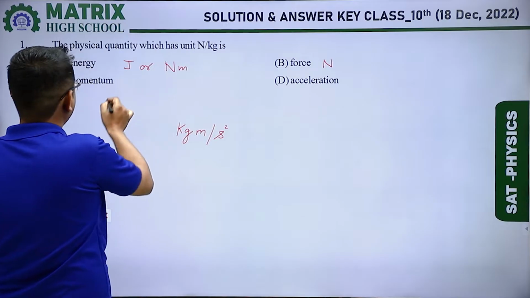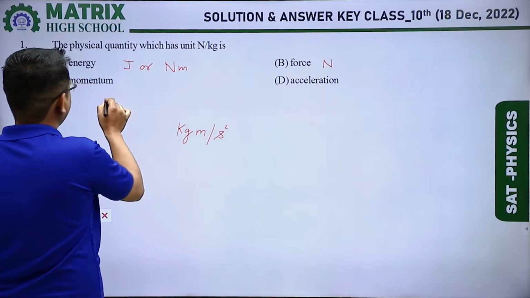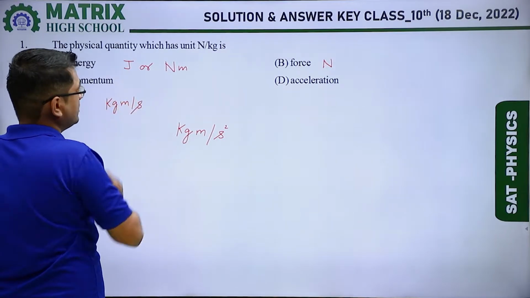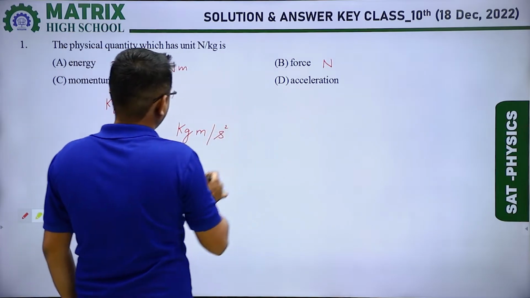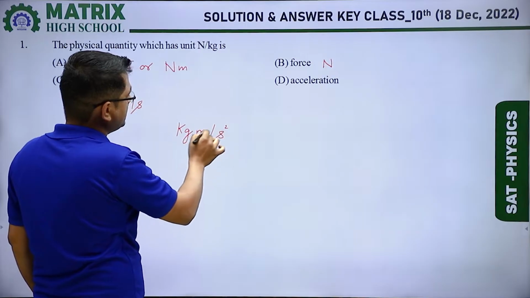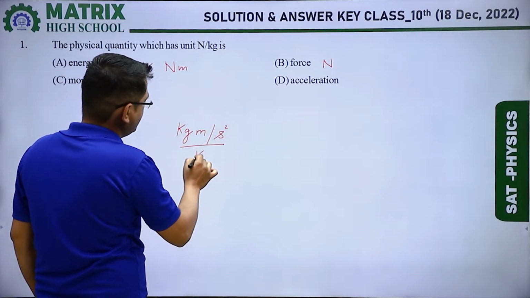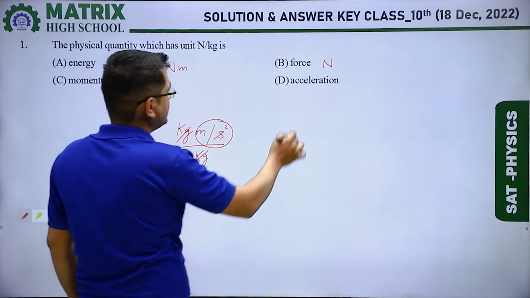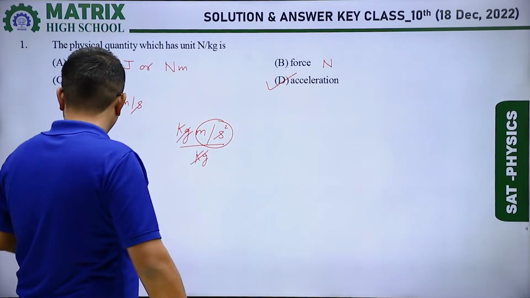Similarly, for momentum, the formula is mass into velocity, so we can write it kg meter per second. So Newton per kg means kg meter per second square divided by kg, which becomes only meter per second square. That is the unit of acceleration. So the correct answer is option D.